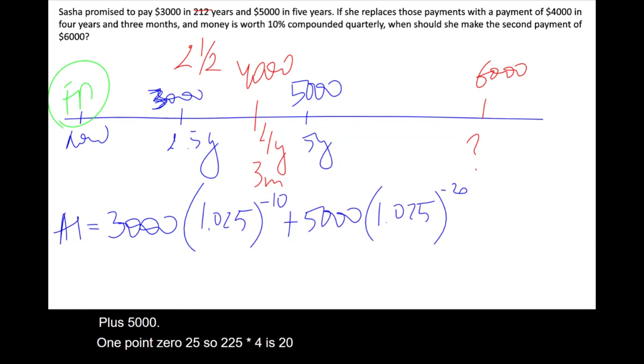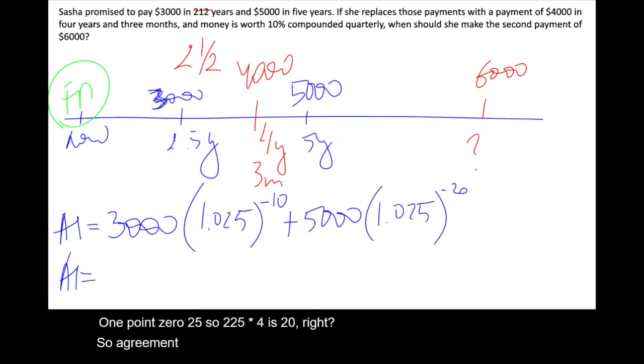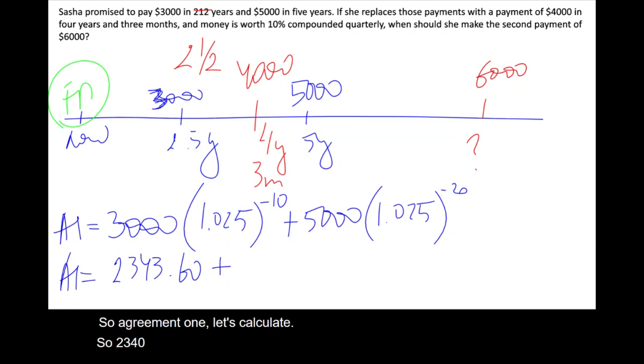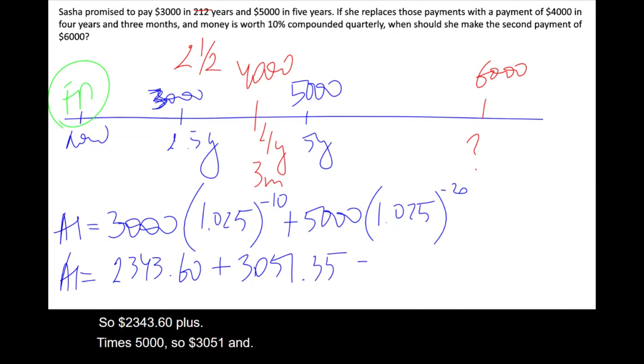So agreement 1, let's calculate. $2,343.60 plus $3,051.35.